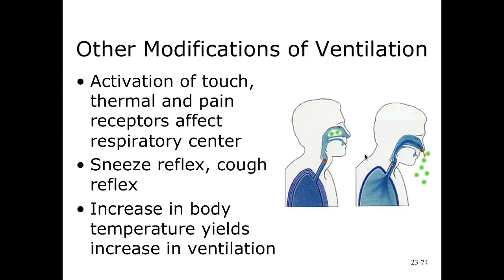And this is because our metabolism is elevated, and so we will have more carbon dioxide as a result. And of course, we need to get rid of that carbon dioxide within our body. And then this first bullet point we mentioned on that figure, where activation of touch, thermal, and pain receptors are going to affect our respiratory center as well.